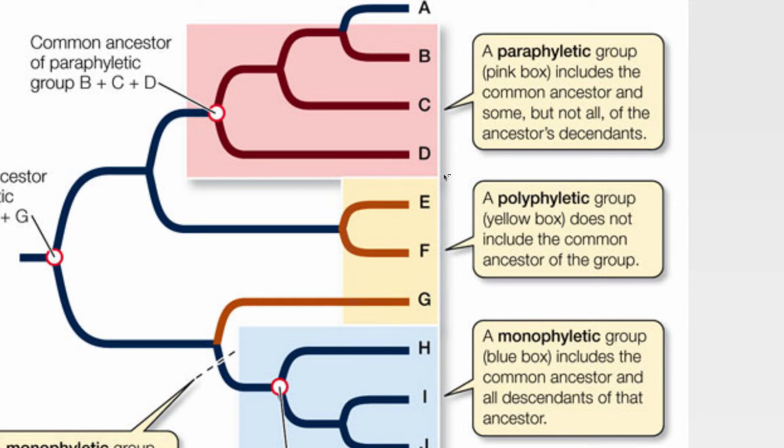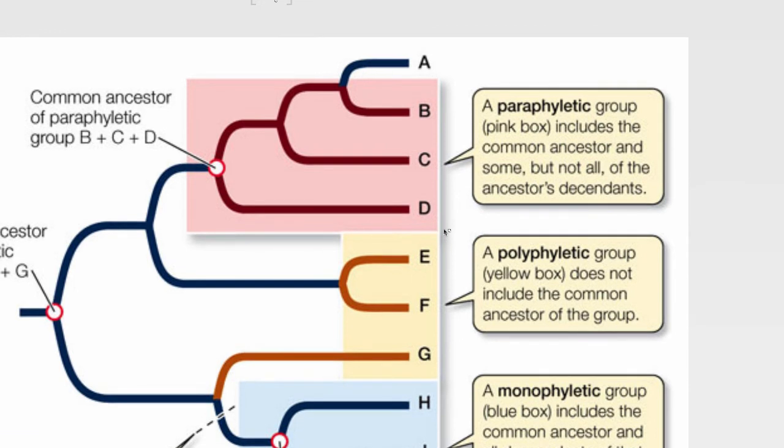A paraphyletic group, which is illustrated by the pink box here, includes the common ancestor and some, but not all, of the ancestor's descendants. So this is what you would call a paraphyletic group.